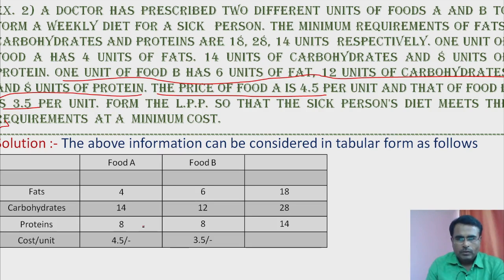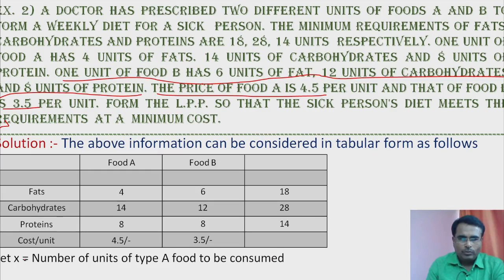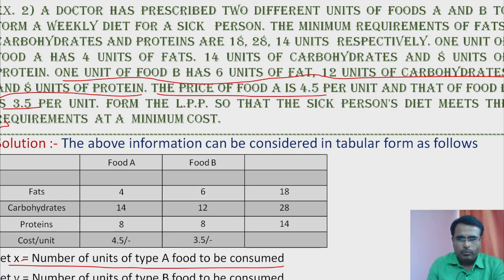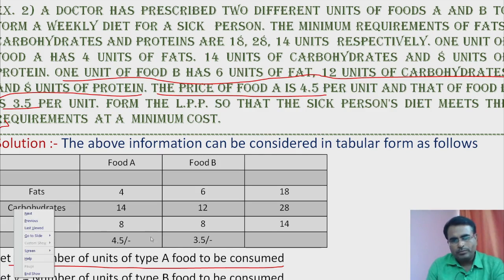Our formulation starts with decision variables. So first you have to assume: let x be the number of units of type A food to be consumed and y be the number of units of type B food to be consumed.